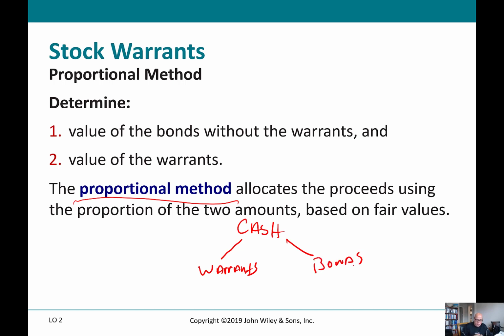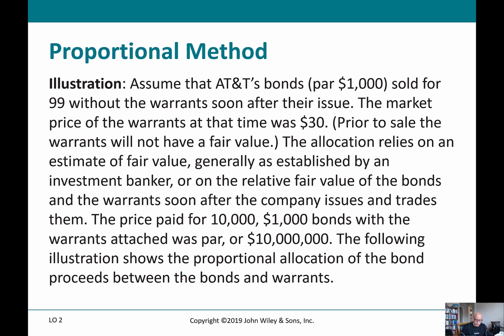It's really going to be predicated on the market value of the relative instruments. The market value of the bond and the market value of the warrants under the proportional method will determine how much should go to the bonds and how much to the warrants. Okay? Good. So let's take a look at this illustration and just read it.